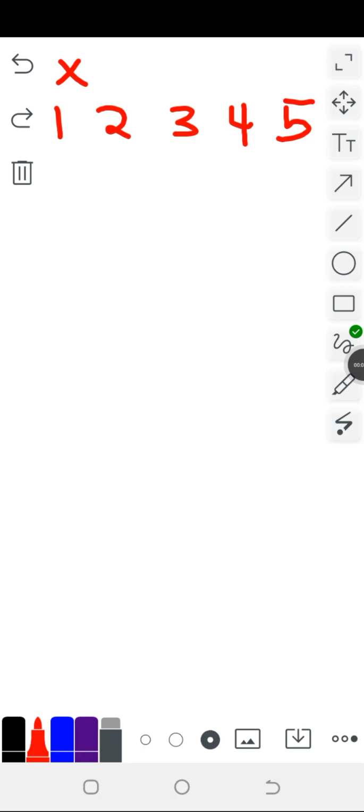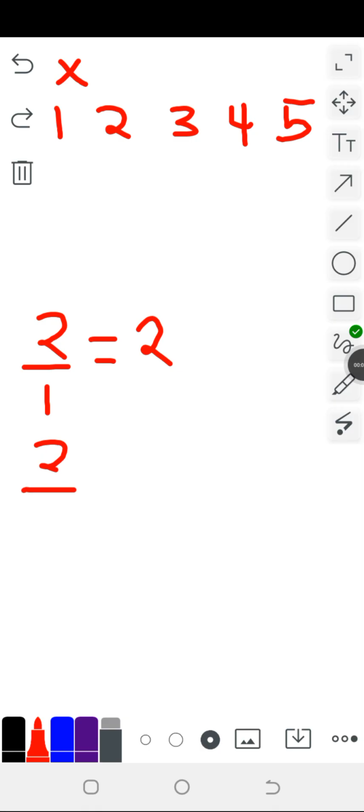Now 2. We use 2 to divide 1 to give us 2. We also use 2 to divide itself, because itself of 2 is 2, to give us 1.